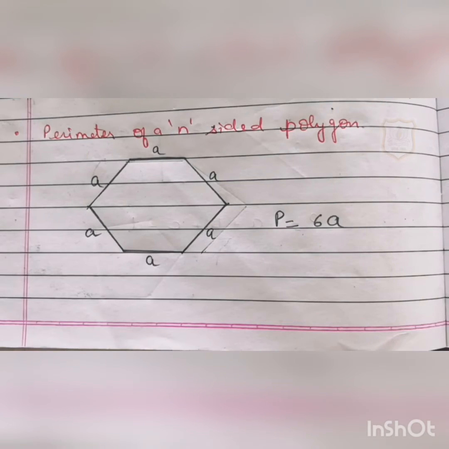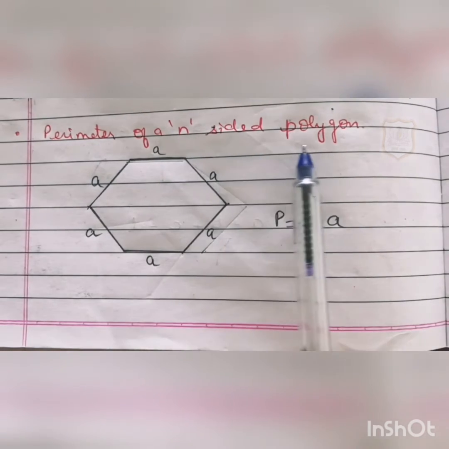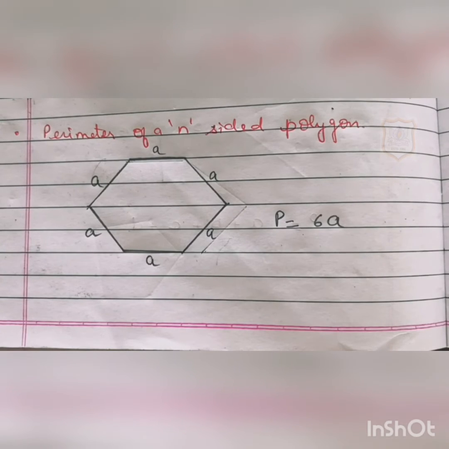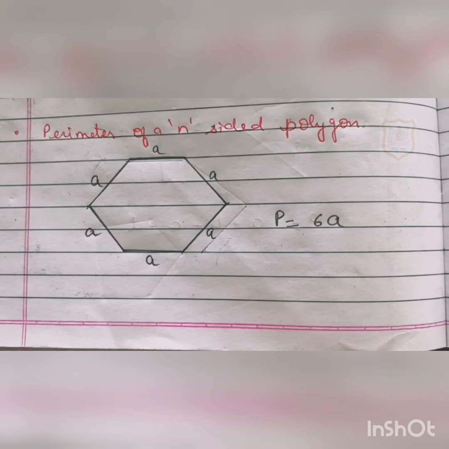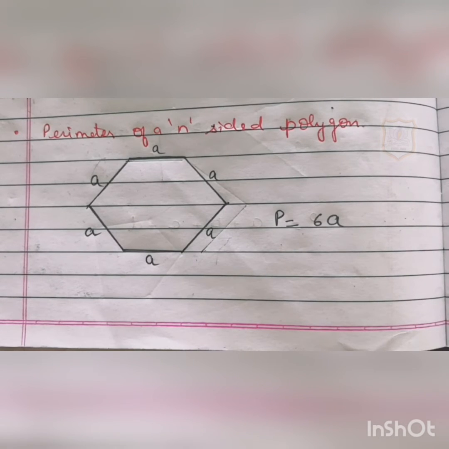Now the perimeter of an n-sided polygon. Here the number of sides is not mentioned. It may be 4, 5, 6, any number. So that number will be multiplied by one side if it is regular. Now what does regular polygon mean? A regular polygon means the length of each side is the same.